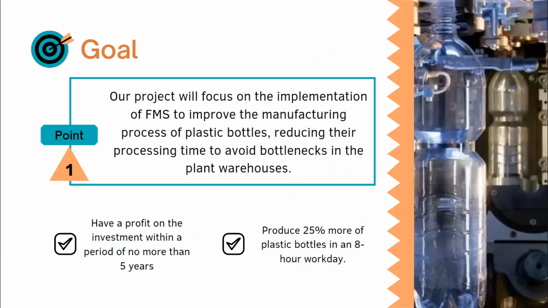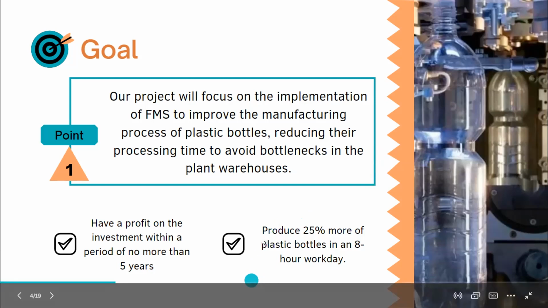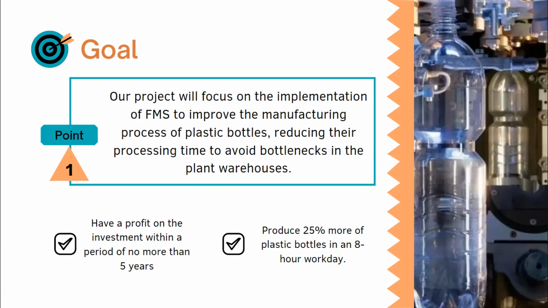Improve the manufacturing process of plastic bottles, reducing their processing time to avoid bottleneck in the plant warehouses, have a profit on the investment within a period of no more than 5 years, and produce 25% more plastic bottles in our workday than the traditional process. Next.